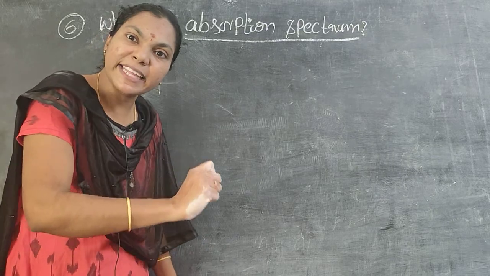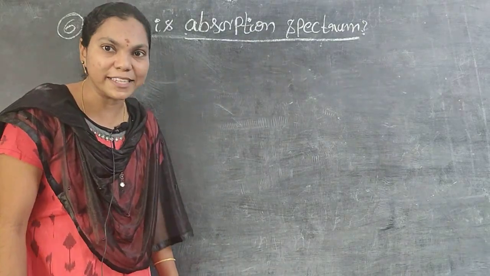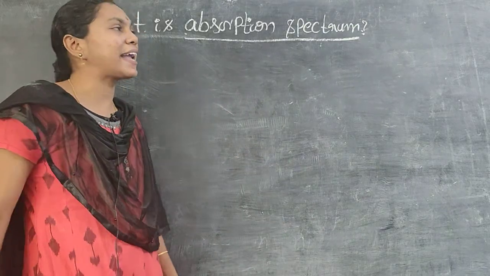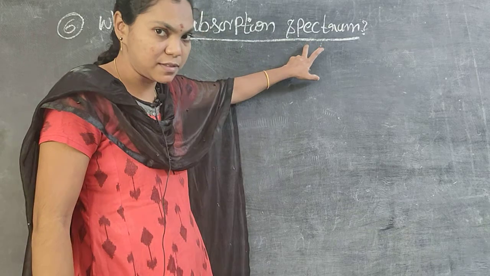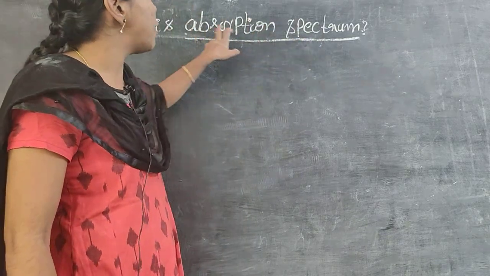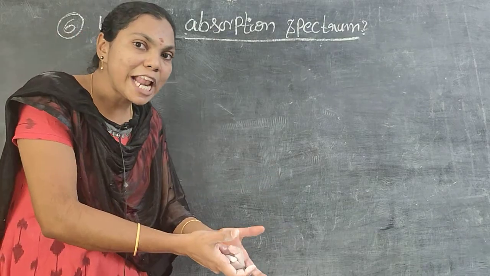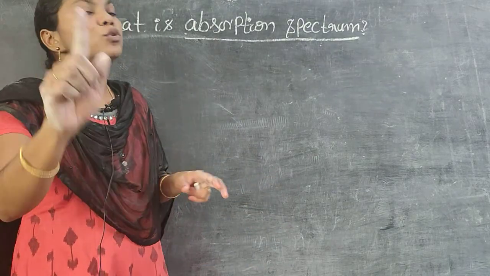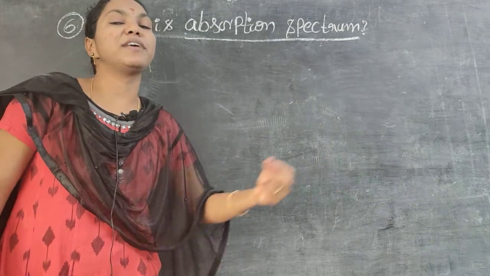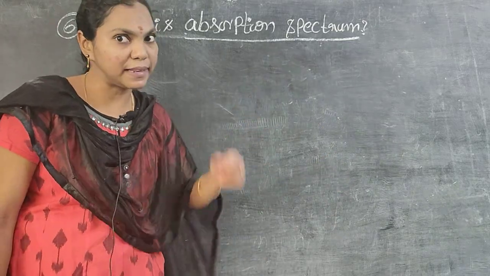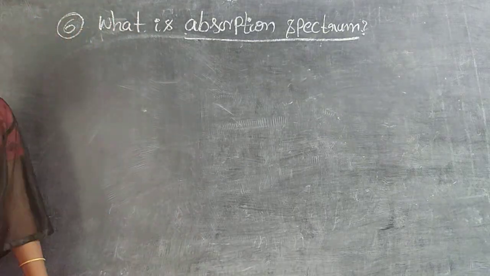Each energy packet is known as a quantum. A group of energy packets, or quantums, forming a spectrum is known as the absorption spectrum. When an electron absorbs a certain amount of energy, it forms the absorption spectrum. When an electron releases a certain amount of energy, it forms the emission spectrum. That is the answer for the sixth question.